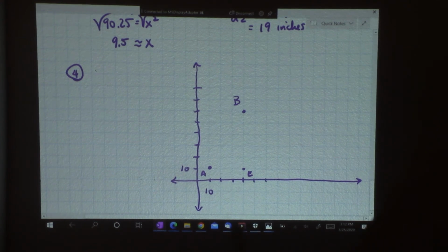Four, 5, 6, 7, 8. This is D. And this goes over 1, 2, 3, 4. I think this needs to be over one more. No. This is it, 3. 1, 2, 3, 4, 5. Okay. Sorry, few technical difficulties here.